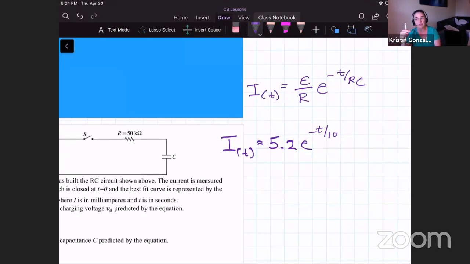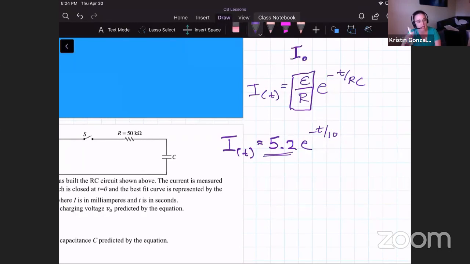So we can look at what they give us, and let's see what these things mean. If I look at the first part here, this E over R in front of our e, well, what does that correspond to? That corresponds to our 5.2. Well, what is E over R? That is our initial current, right?